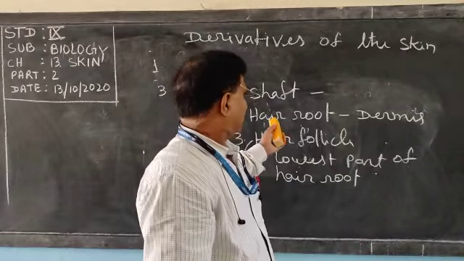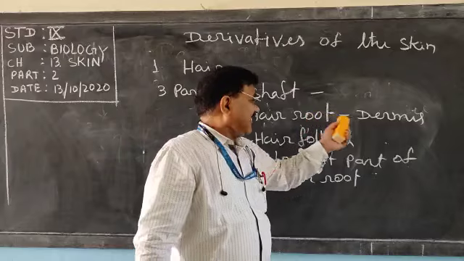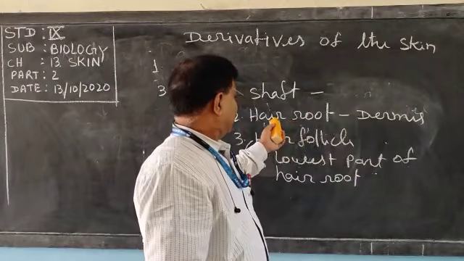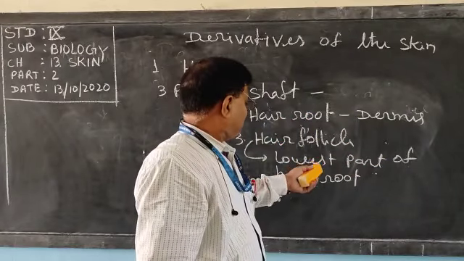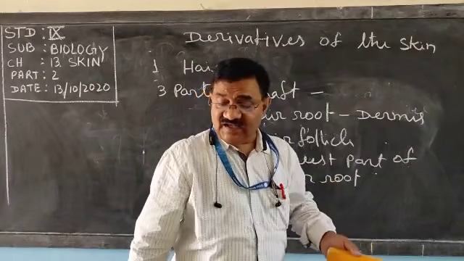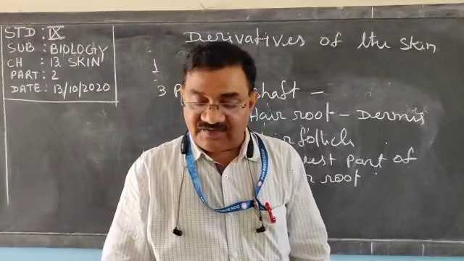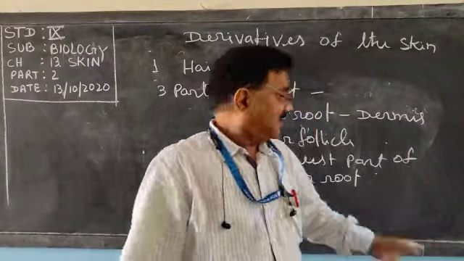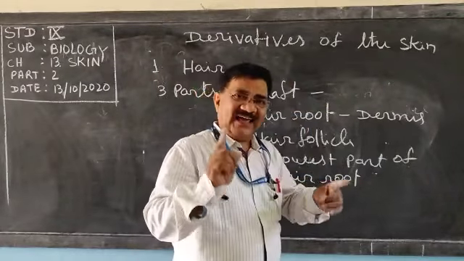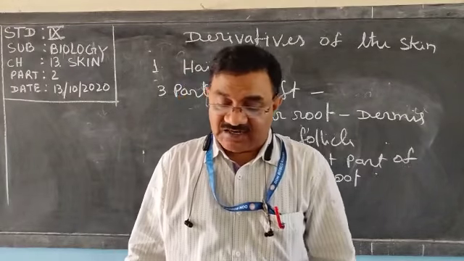The part embedded in the dermis is the hair root, and the lowest part of the hair root is the hair follicle, which contains a projection of the dermis called hair papilla, and the papilla is supplied with blood vessels.